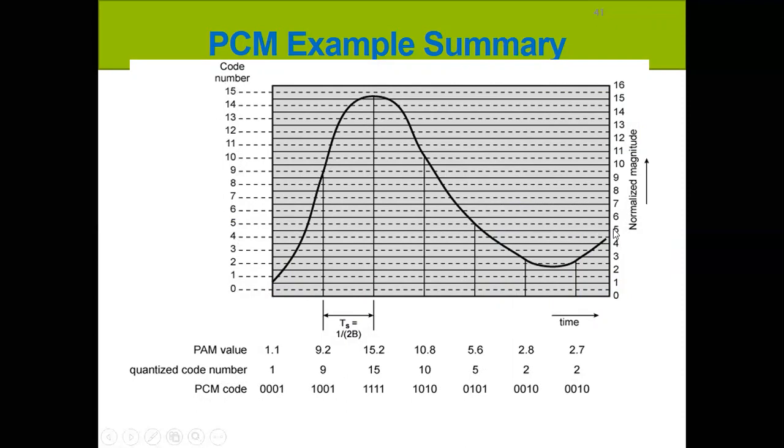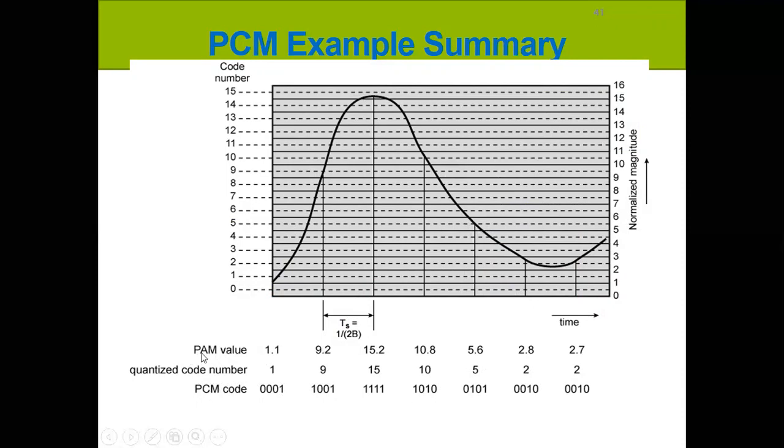And then normalized magnitude means quantization level or quantized value, where we'll get the approximate of the sample value. So also they are 0 to all the 16 level values. Here we can see the quantized value, pulse amplitude modulated value, and pulse code modulated or encoded PCM code.